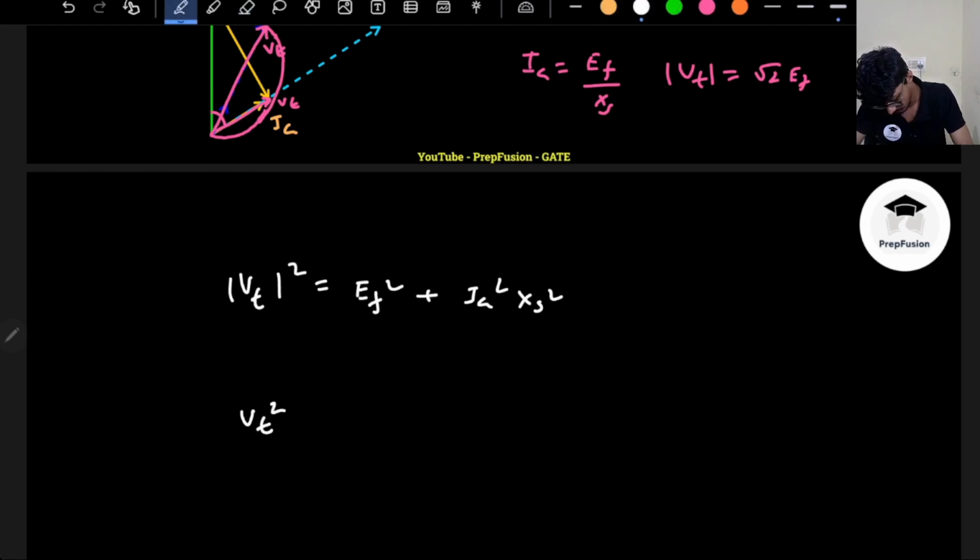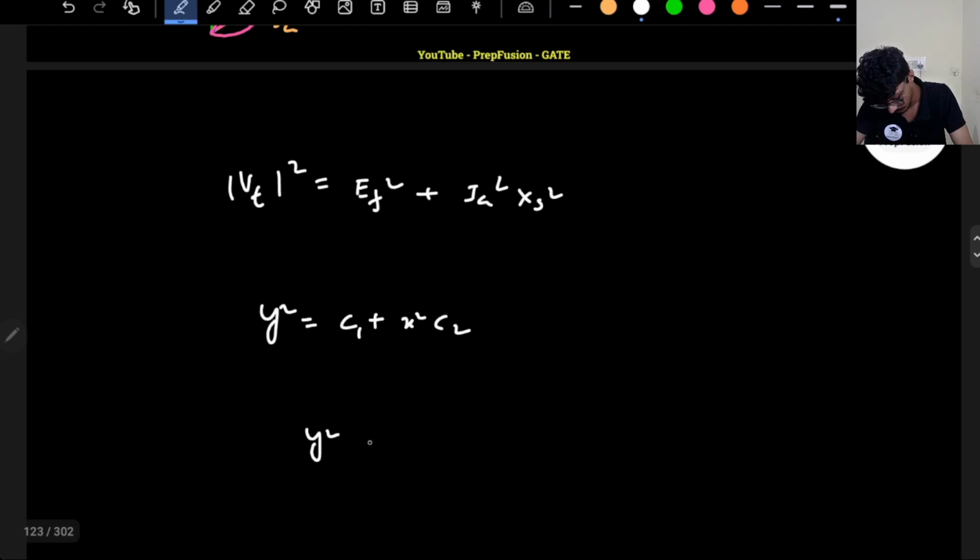It is actually not exactly a semicircle. It's like y square equals C plus x square into some constants, C1 and C2. So it's like y square minus x square C2 equals C1. So it is exactly not a semicircle, it is like a hyperbola, a rectangular hyperbola.